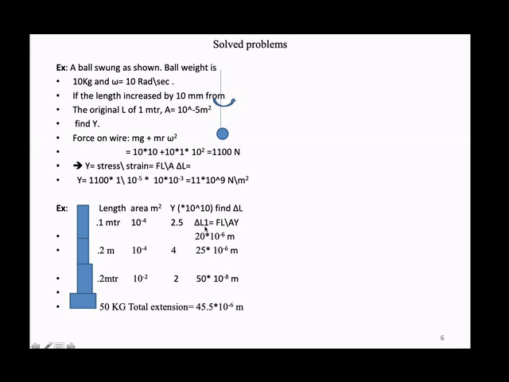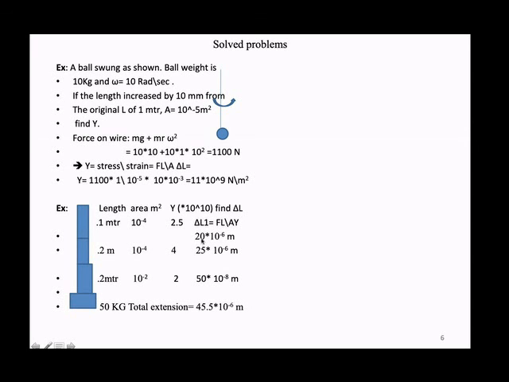So for 50 kg, delta L is F by A by Y into L. Because Young's modulus is F by A by delta L by L, delta L comes to one side and Y goes to the other side. When I substitute these figures, the force is 50 into 10, 500.